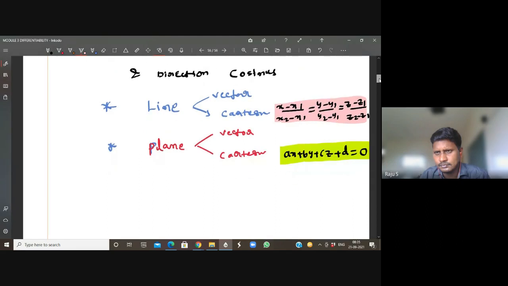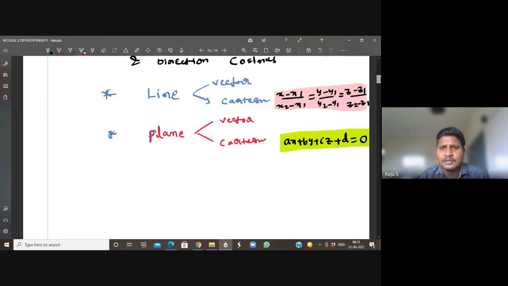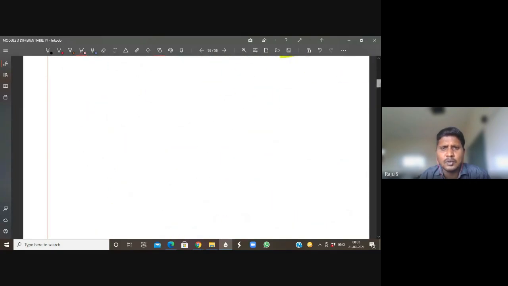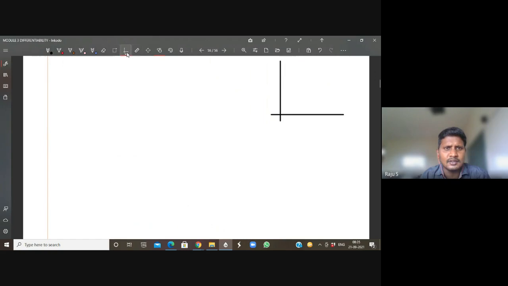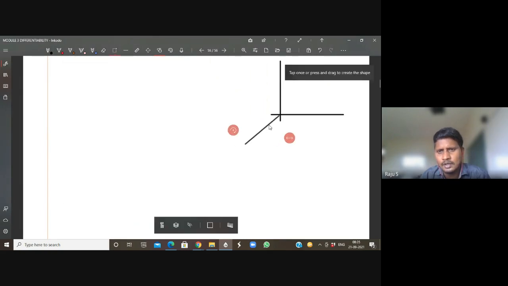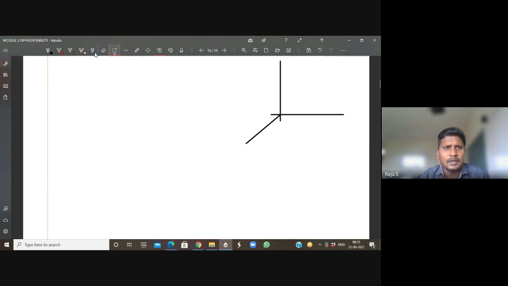Okay, let us start the concept of direction ratios and direction cosines. Since we already know about direction ratios, I already explained, once again for those who were absent from class. Let us take the x-axis, the y-axis and the z-axis. This is x, this is y, this is z.